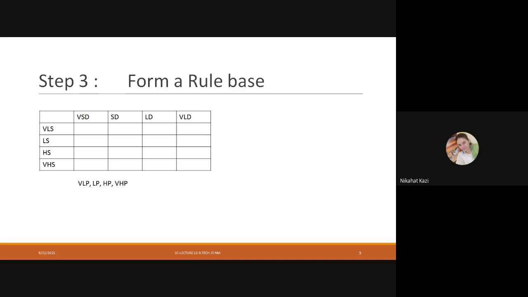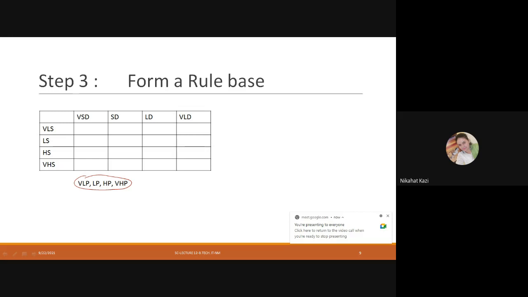So speed and distance are written on the rows and columns. We have to put these into the table. So let us say we are thinking of the first cell, that is very low speed and very short distance. That means the train is approaching with a very low speed and the distance is also very short.